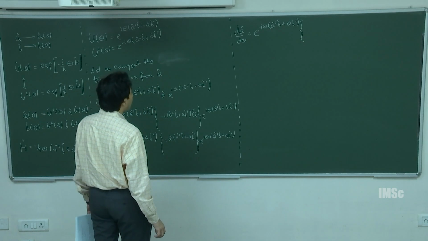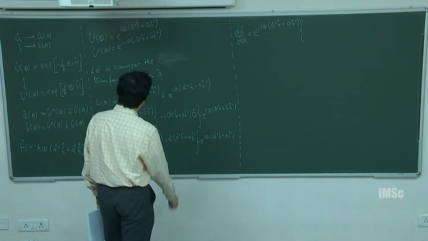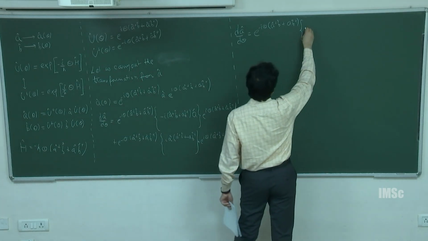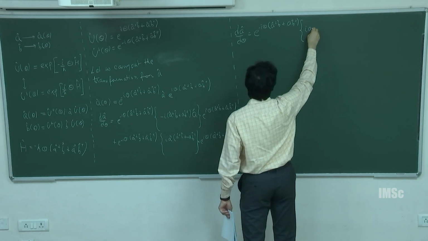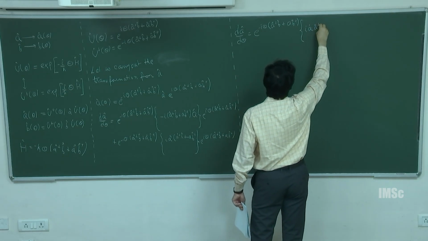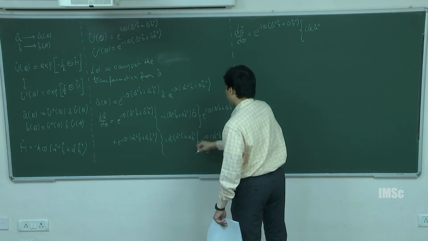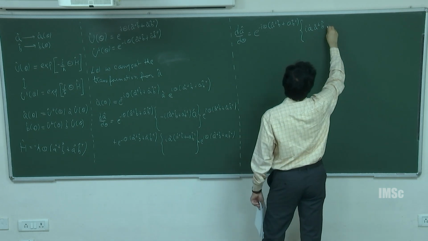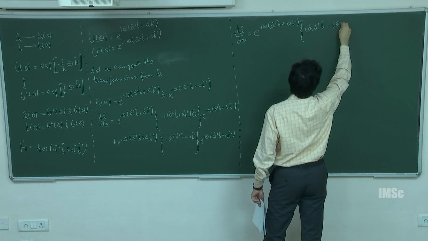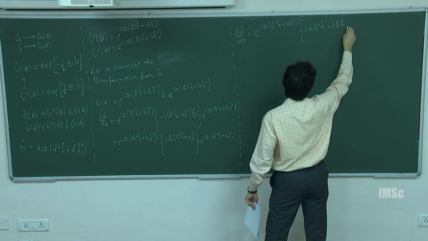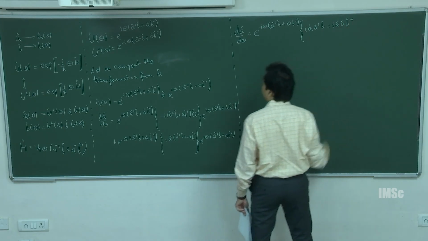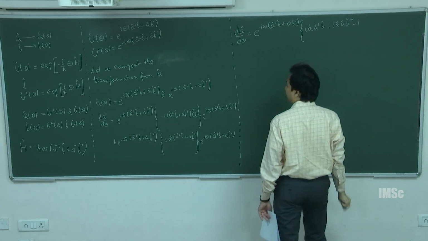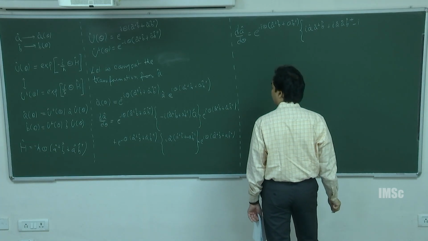Okay, so now I'll start with this one. This has a positive i term, so let me just start with this one. i A dagger B, plus i A B dagger, minus i A dagger B A.